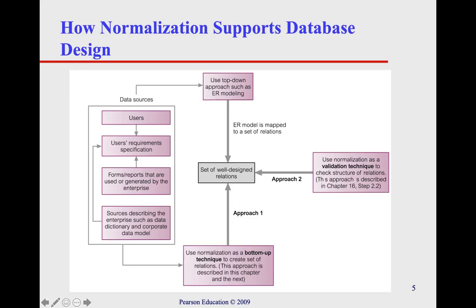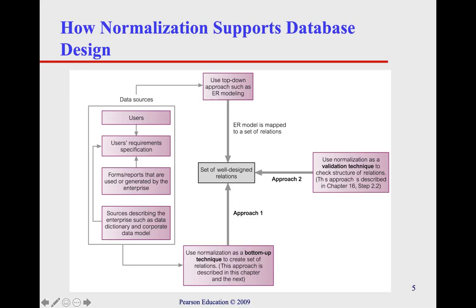And once you have that, then you're trying to reduce that to a set of relations. As I said, most people will take a top-down approach to get the relations, and then they will use normalization to validate it. So approach 2 is the most common one, where we start with top-down modeling, and then as a check, we apply normalization to it.